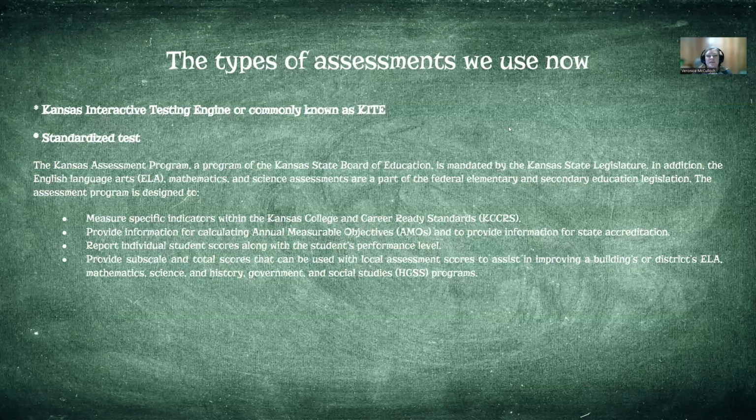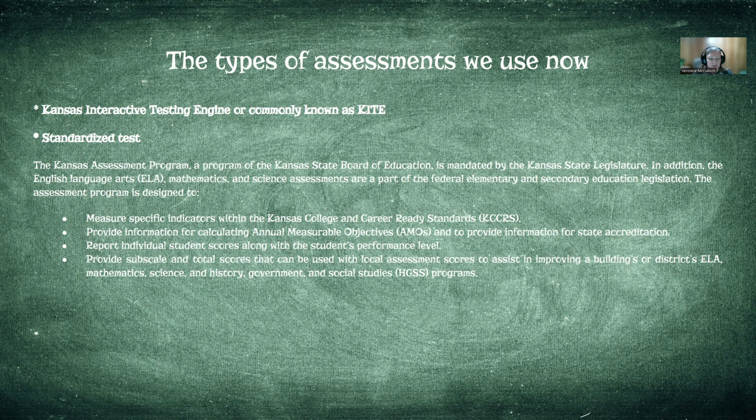The type of assessment that we use right now is the Kansas Interactive Testing Engine, commonly known as KITE. It is a standardized test, a program designed to make sure that ELA, mathematics, and science are covered by certain standards and then tested on certain standards.